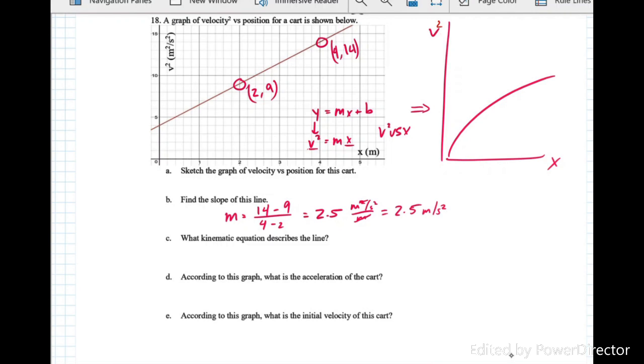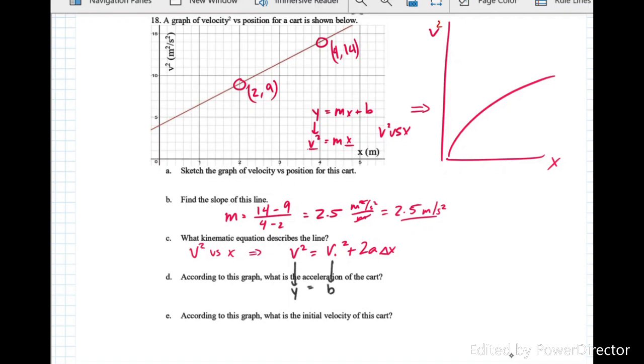What kinematic equation describes this line? Well, if I have v squared versus x, I want the kinematic equation that has v squared and x in it. V squared is equal to v0 squared plus 2a delta x. That's the kinematic equation that goes with it. So I have to use that kinematic equation to determine what's going on with the slope. So v squared is all my y values.